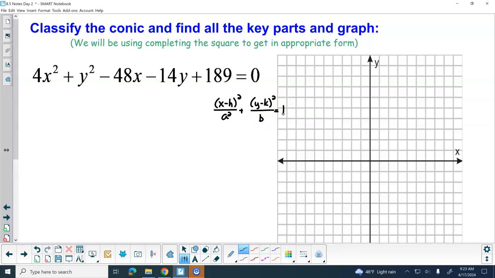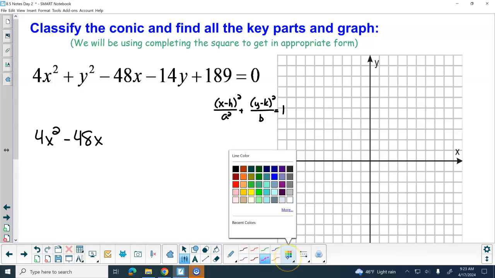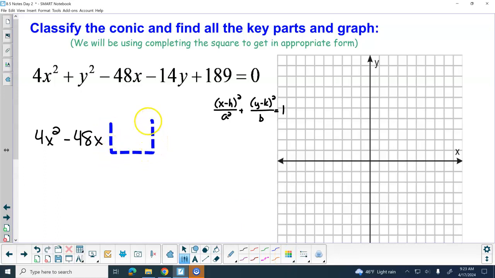So step number 1 is we're going to space out everything. So I'm going to go 4x squared. I'm going to bring the negative 48x over next to the x squared. And then I'm going to leave a space. Some people put a little box right there because then they know they have to fill up that space.